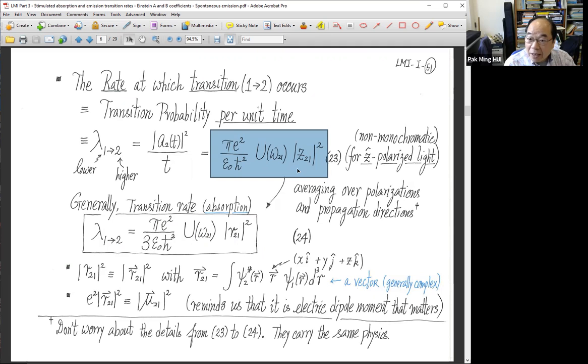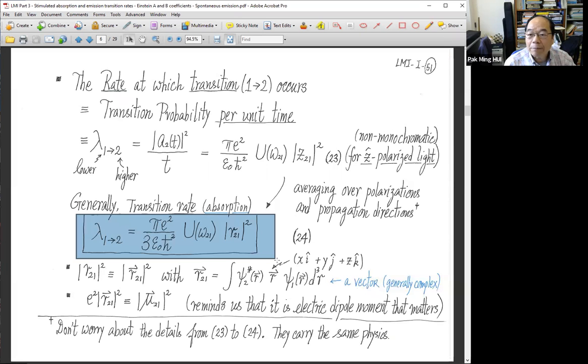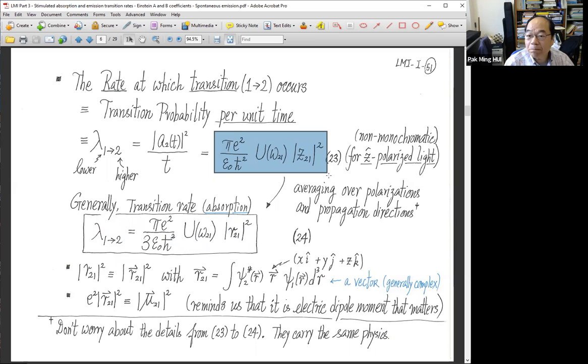But more generally, this answer is written with a 1/3 in front and turned into an x, y, z vector integral. Now, this is to prepare for, for example, unpolarized light. So usually the transition rate is given by this formula rather than the one that we derived step by step. A remark here: don't worry about how to go from here to there, because all the key physics are captured.